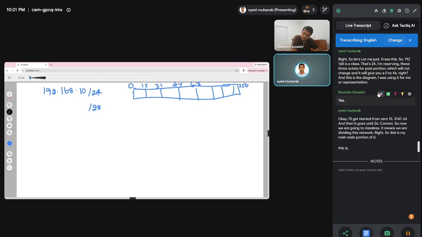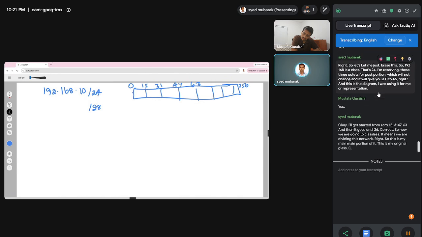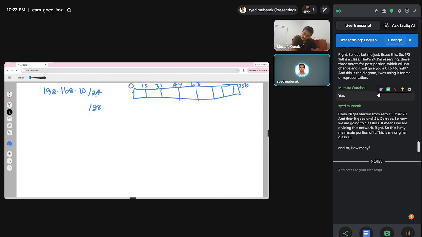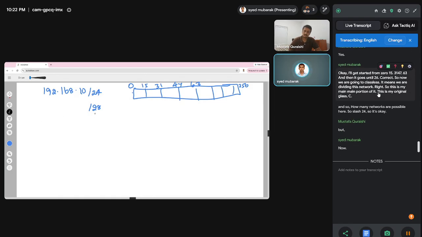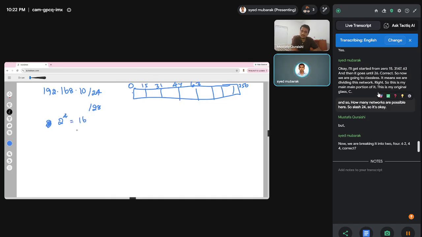This is my original class C, so how many networks are possible here? With slash 24, now we are breaking it into 2 power 4, which gives me 16, correct?